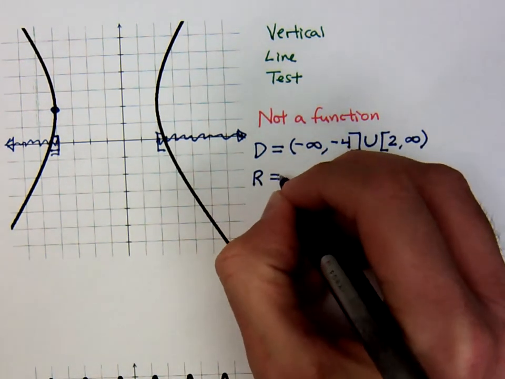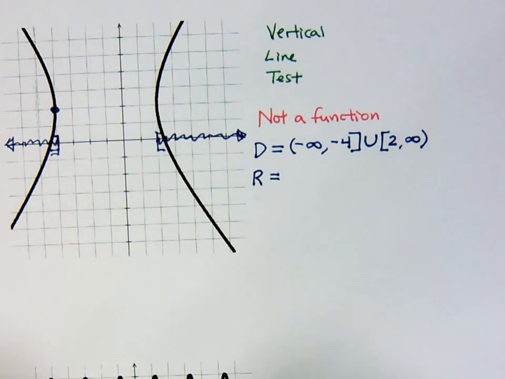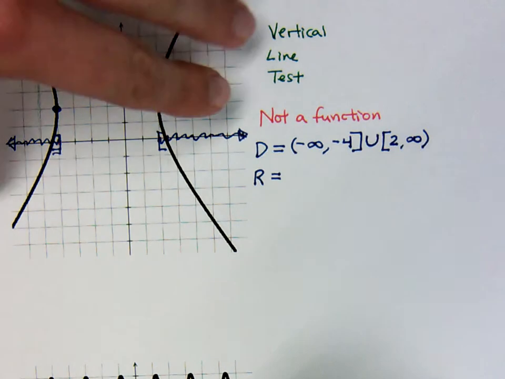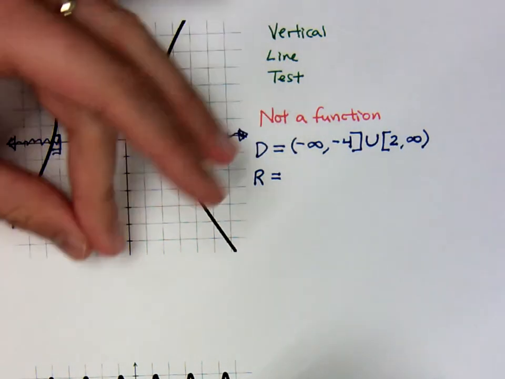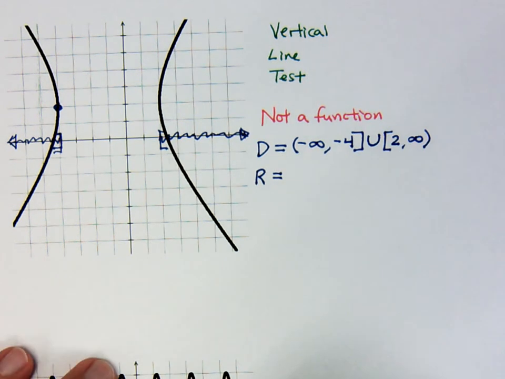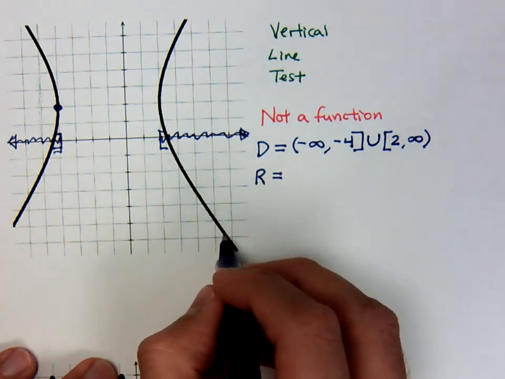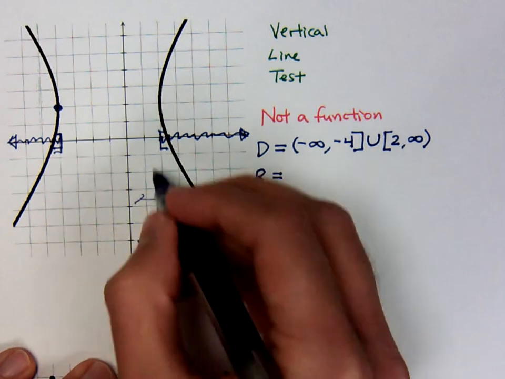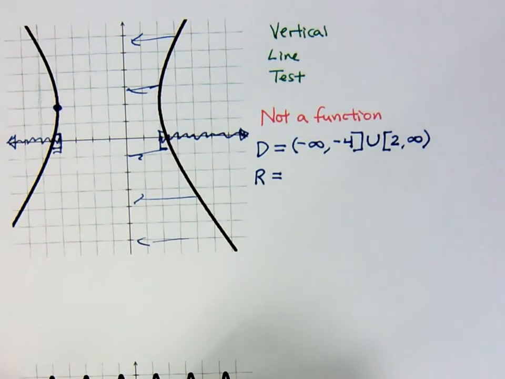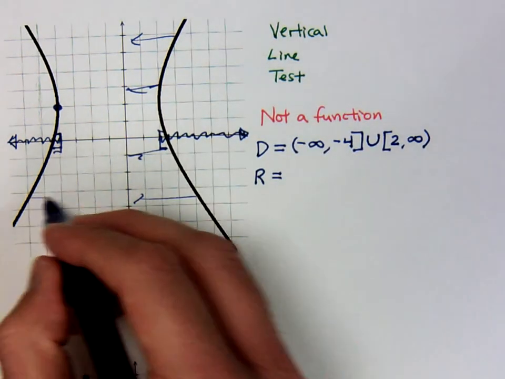Well, let's look at the range. Remember that the range is the set of all y values. So just like we smashed the graph onto the x-axis for the domain, smash everything onto the y-axis to determine the range, because the range is the set of all y values. Now when I do that, you see that all of this stuff would come over here to the y-axis. Not even just the right part, but also the left guy as well.